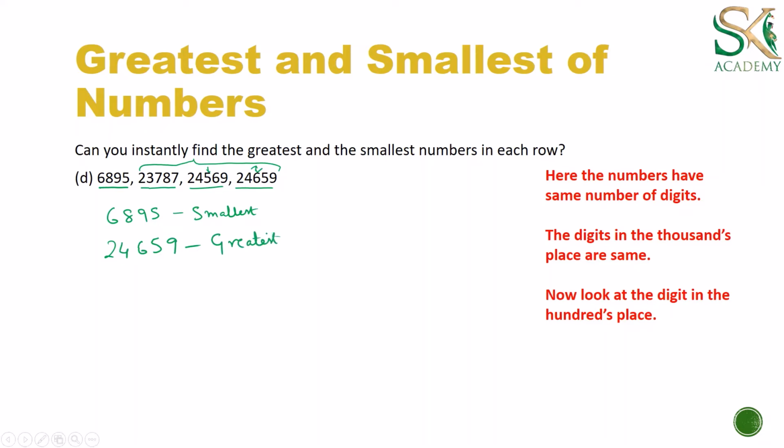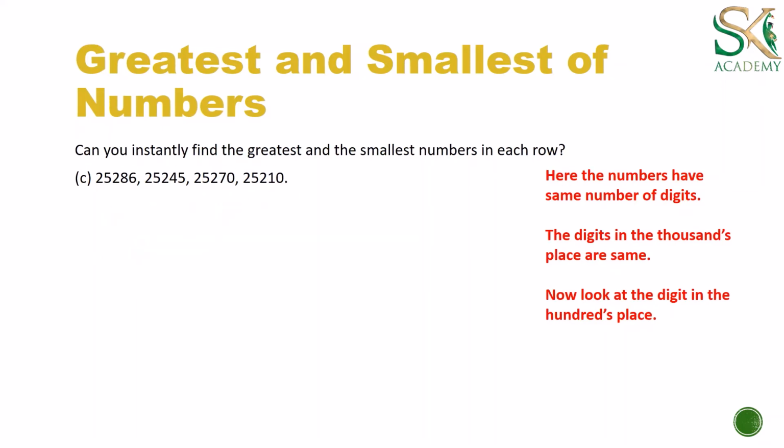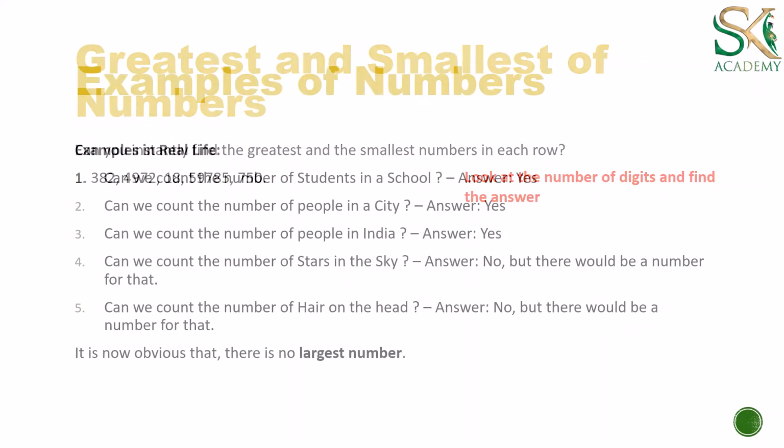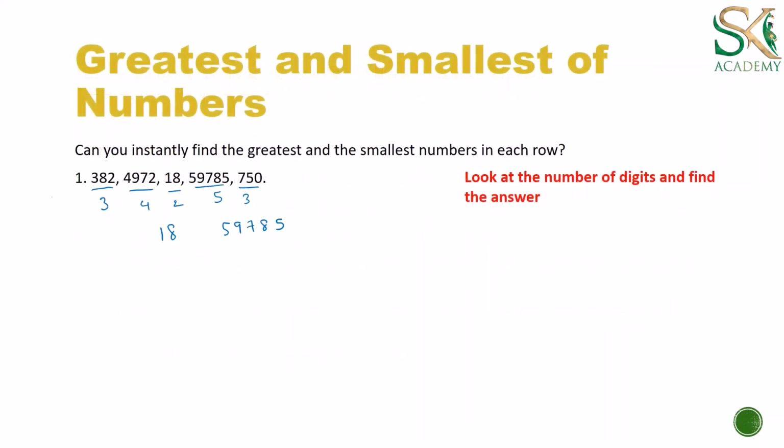Now we have seen all these problems and understood what the smallest number and the highest number are. Let us consider one more thing. Now you know that 18 is the smallest number and 59785 is the greatest number.